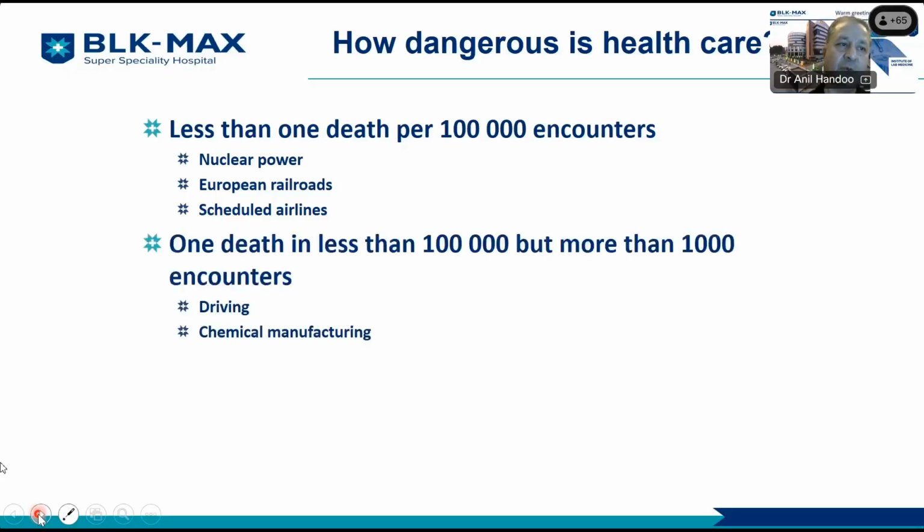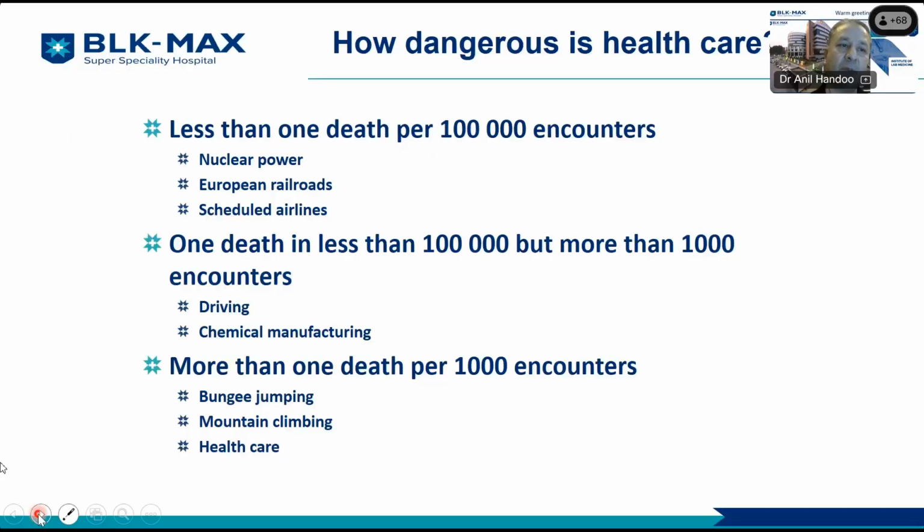When you go for driving, and we're not talking about driving in India, we're talking about people who are driving properly, and chemical manufacturing, there's usually one death in less than 100,000 but more than 1,000 encounters. And then comes more than one death per 1,000 encounters. Just imagine, healthcare actually falls into this category, wherein there is a 1 in 1,000 chance of a death kind of an encounter. So healthcare, obviously, is a pretty serious business.